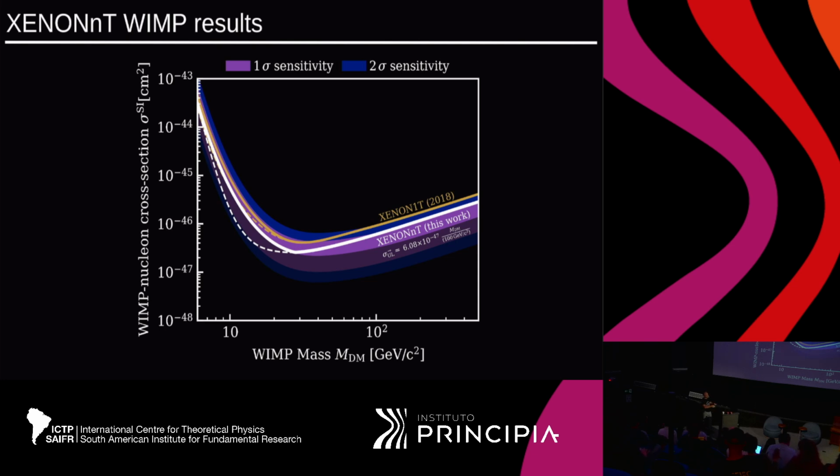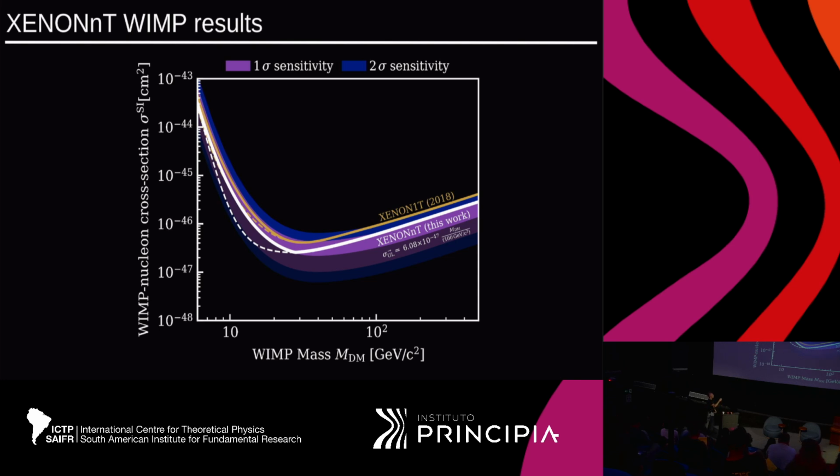And remember, you have fewer events, so fewer particles that can scatter with your detector, if they are more massive. And the y-axis is the cross-section, essentially. What is the probability of it interacting with standard model particles?